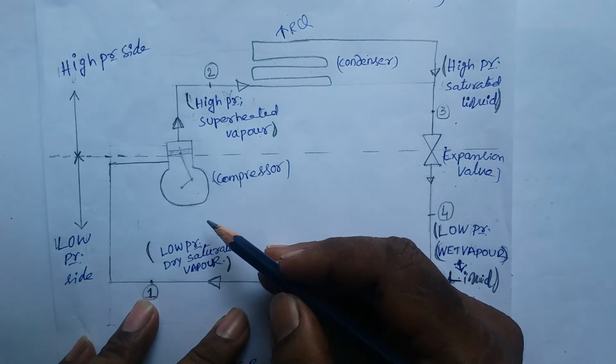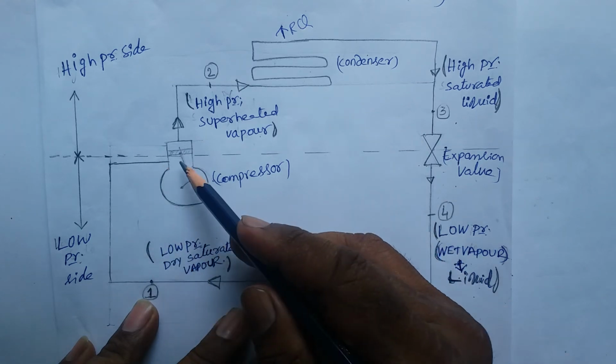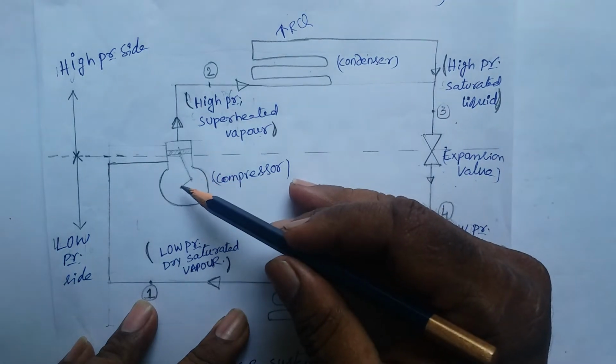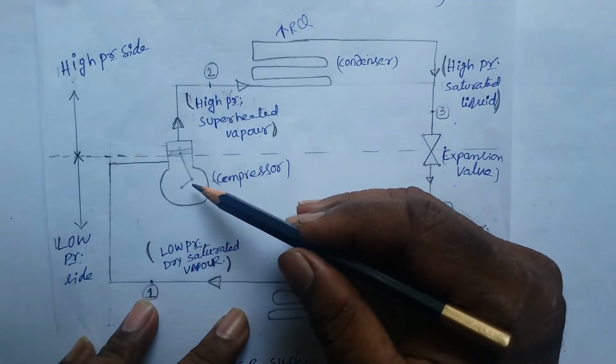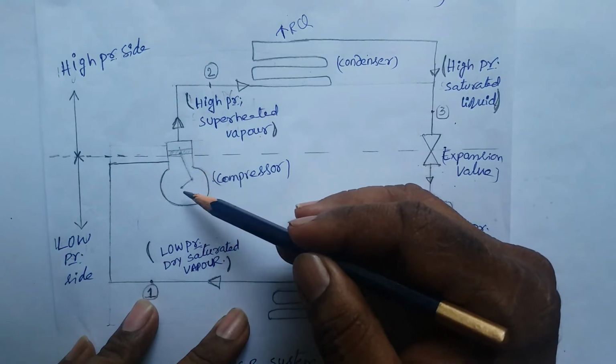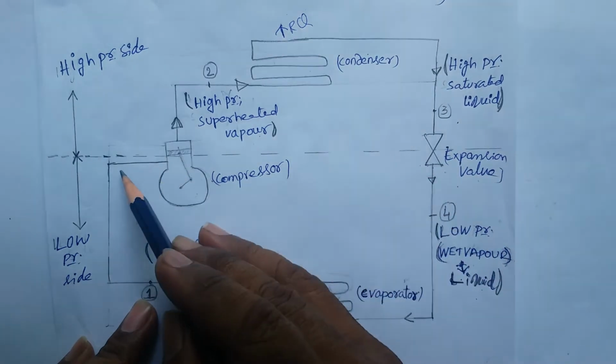Low pressure dry saturated vapor is drawn by the compressor from the evaporator. Okay, low pressure, low temperature dry saturated vapor is drawn by the compressor from the evaporator through the suction valve. This is the suction valve.